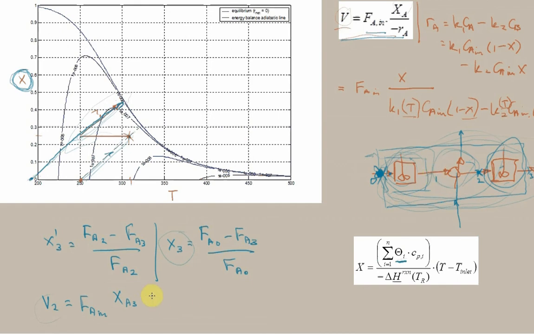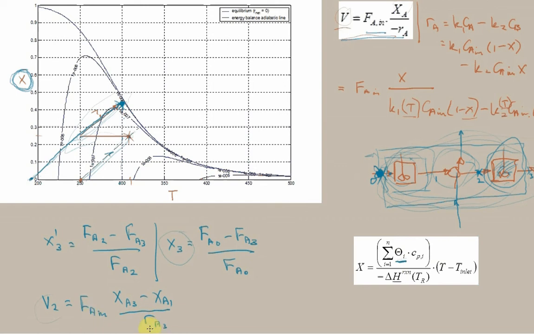So that's minus XA1. And the reaction rate then must be the rate that we accomplish under the conditions in that reactor. So the temperature in that reactor is this temperature. So when we look up the temperature, it's the rate that we achieve at this point. So this is RA3.